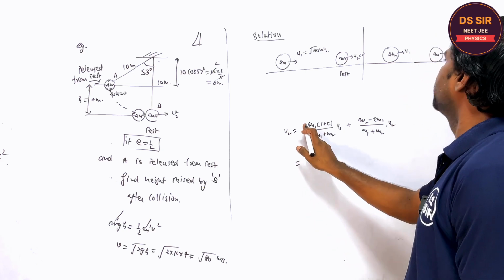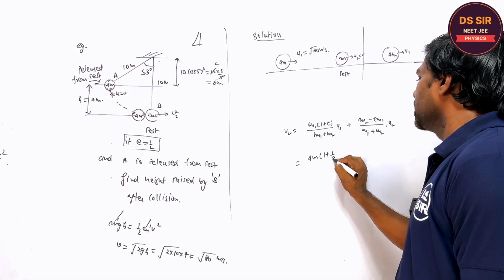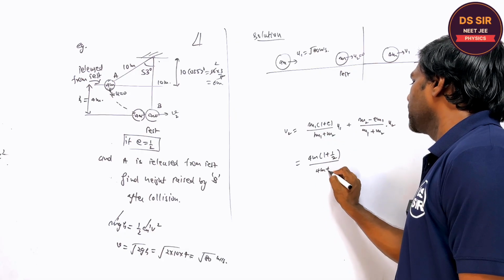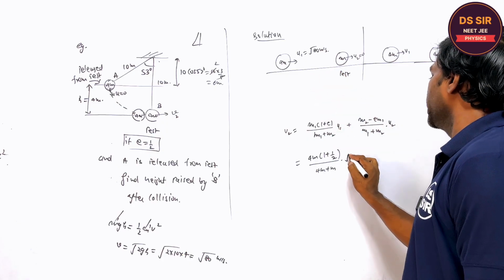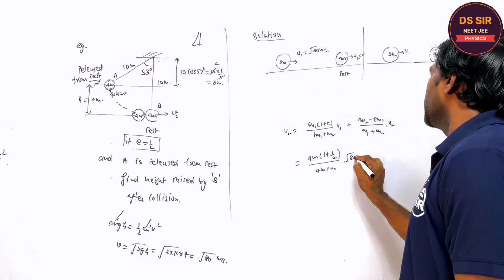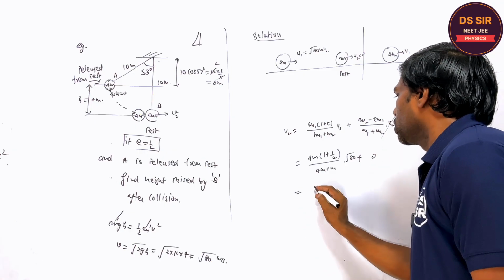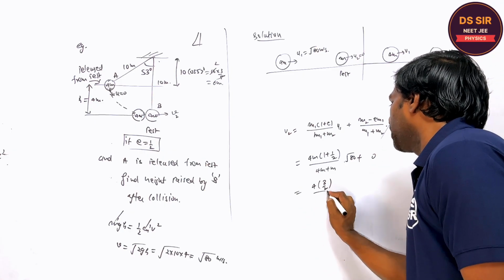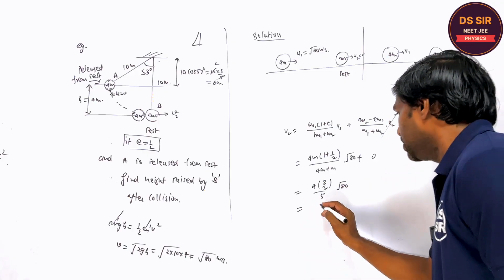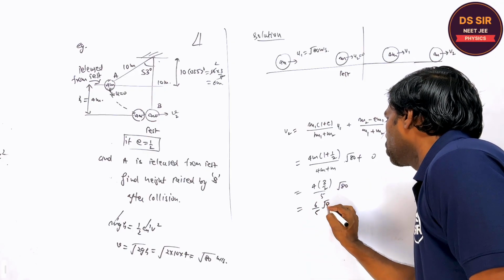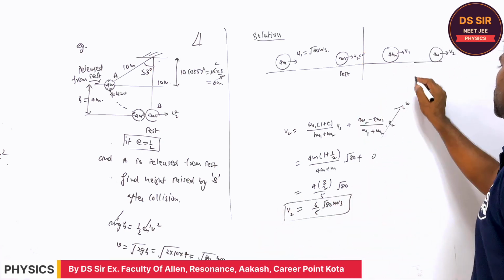M1 is 4m, so (1 plus e) upon (4m plus m), and u1 is root 80, plus u2 is 0. So this is 4 into 3 by 2 upon 5 into root 80, which is 6 upon 5 root 80 meter per second. So this is the velocity v2.